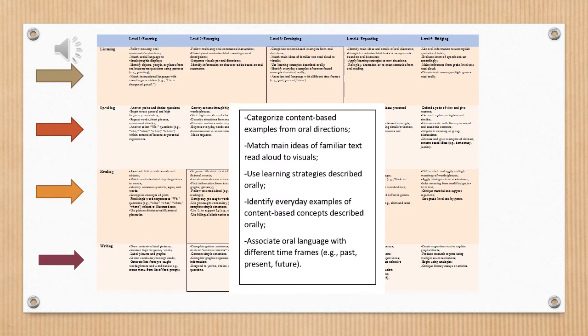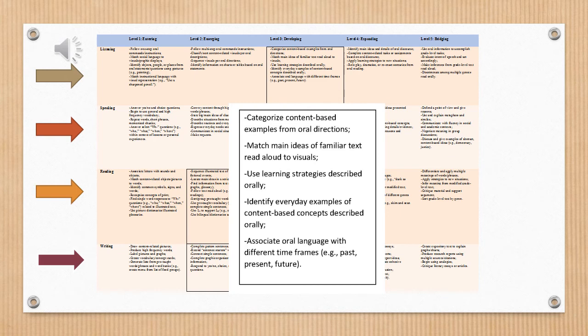Page 2 starts with a table of can-dos. These are called can-do descriptors. For each domain, listening, speaking, reading, and writing, students are highlighted in the area of where they fall based on their access test scores for the grade level. A student scoring in a level 1 is entering, usually a newcomer.